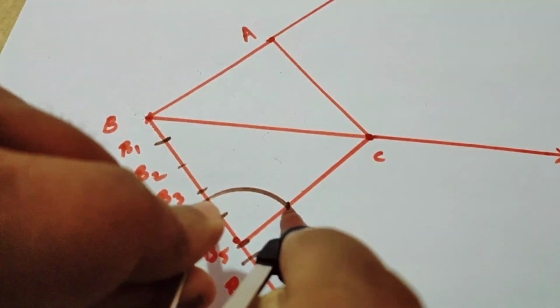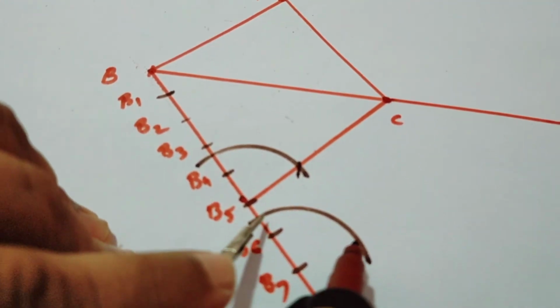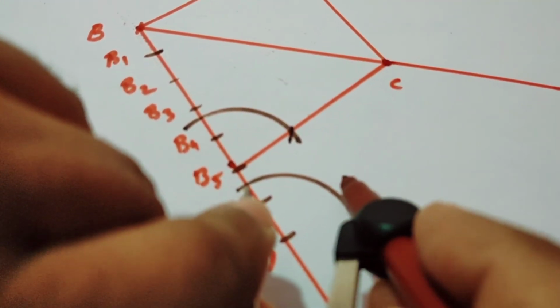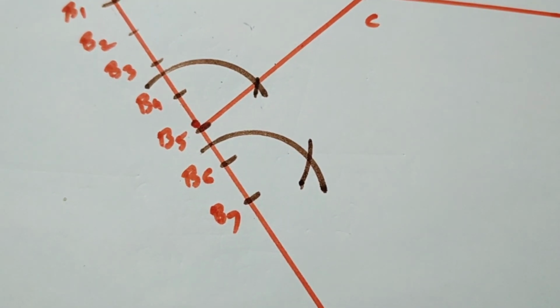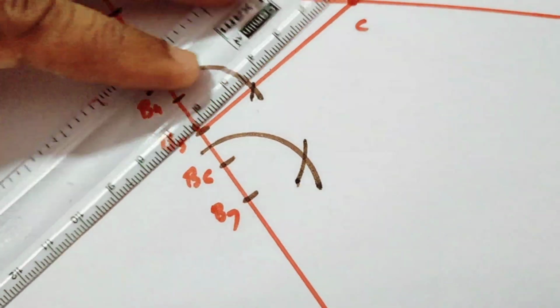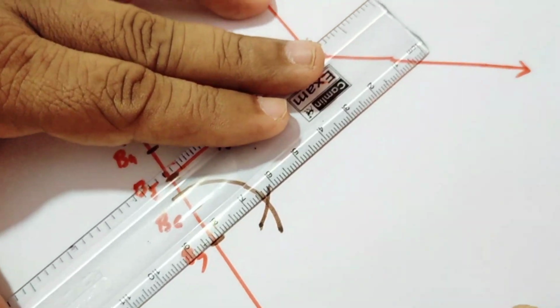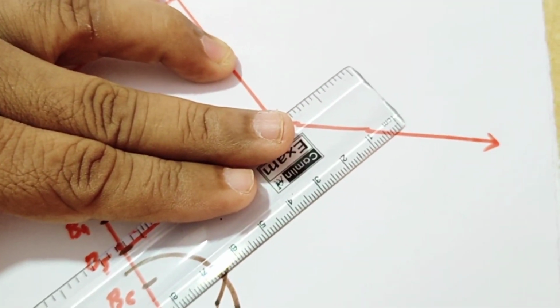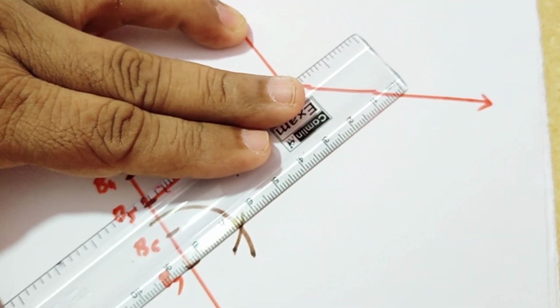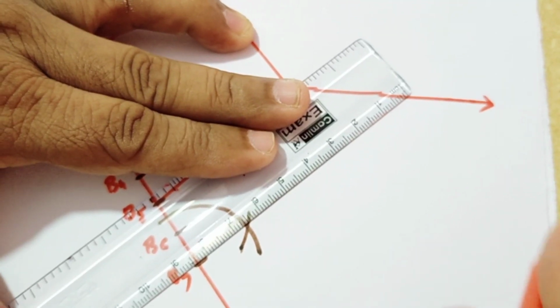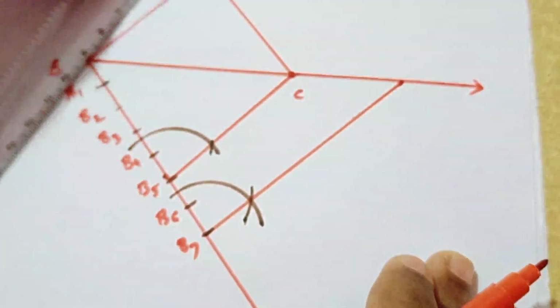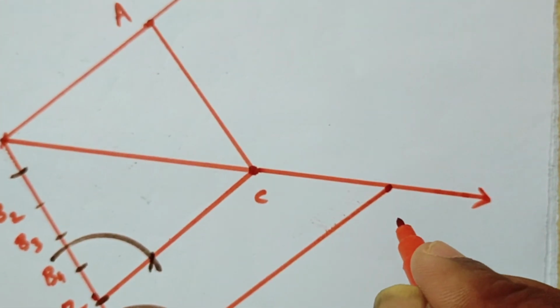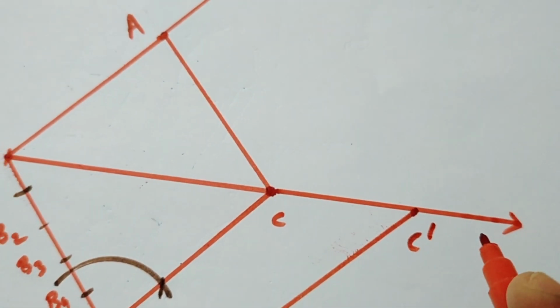Now see, here I am marking. Then keep it on this point of intersection of arc and the ray of angle and mark over here. Now using your ruler, keep it on B7 and the point of intersection of these arcs and draw a line where it intersects the ray BC. This point is C'.